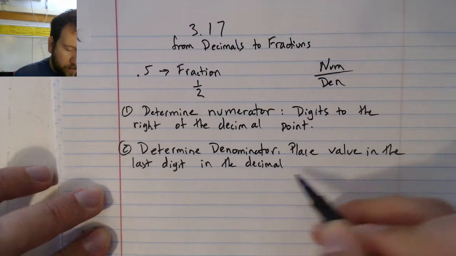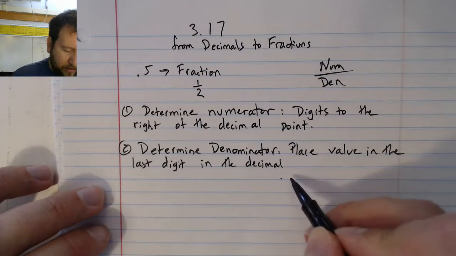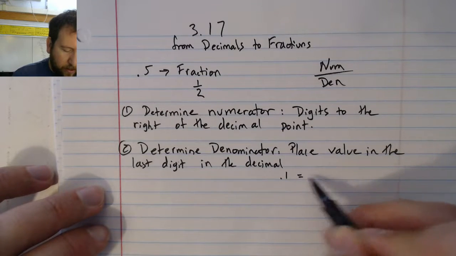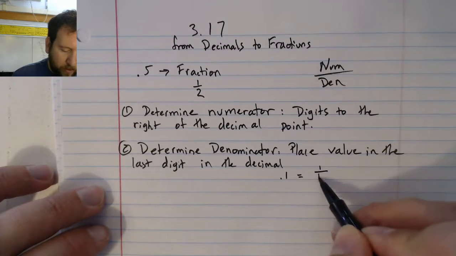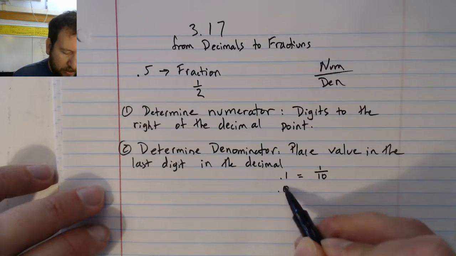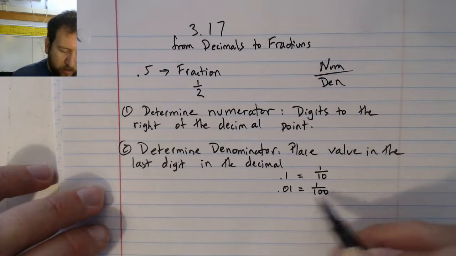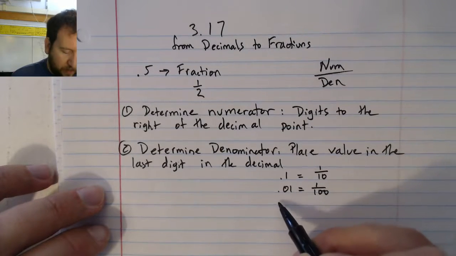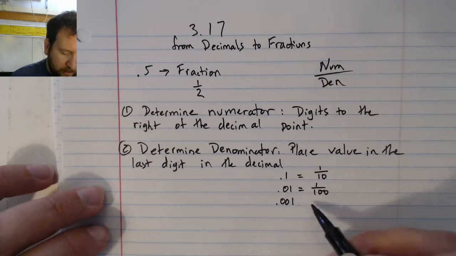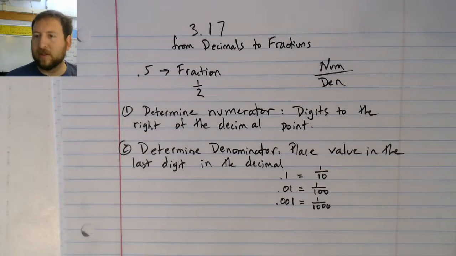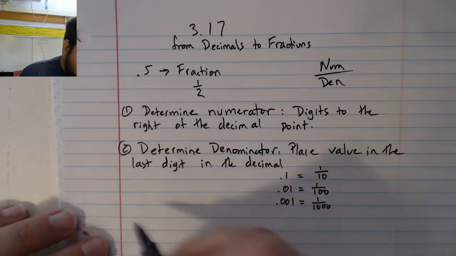For example, if the last digit is here, it would be 1/10. If the last digit is here, it would be 1/100, because this is the hundredths place. And if the last digit is here, it would be the thousandths place.